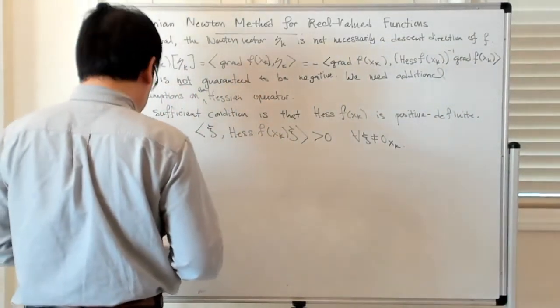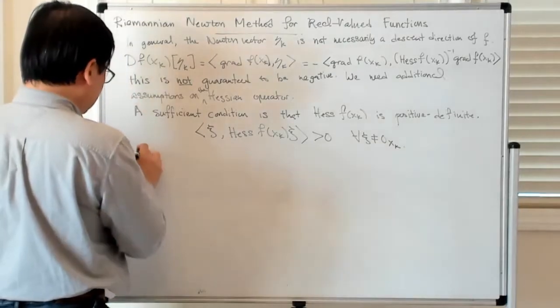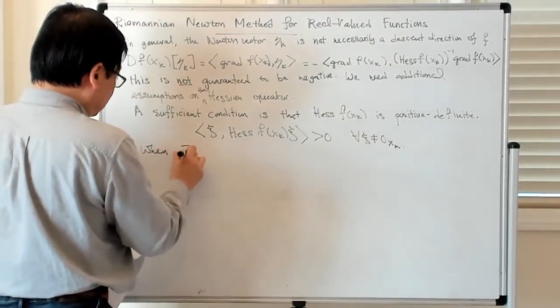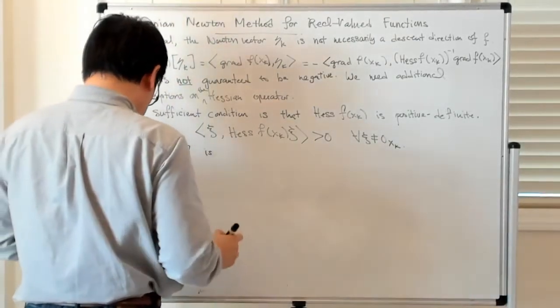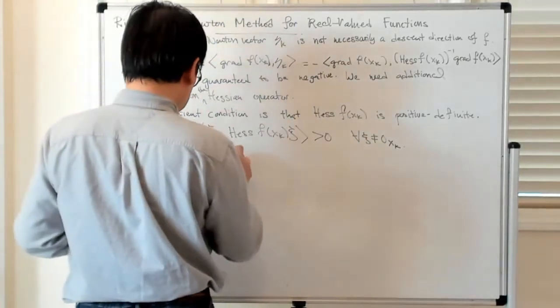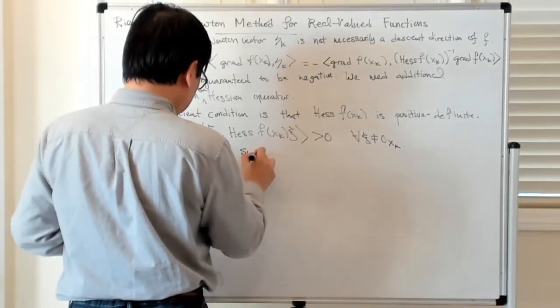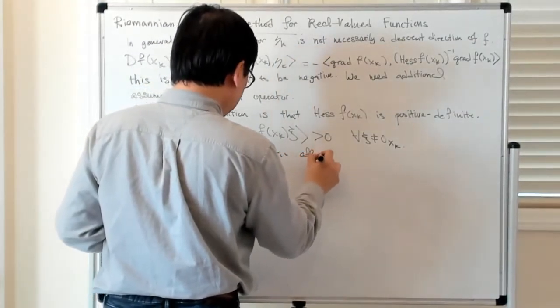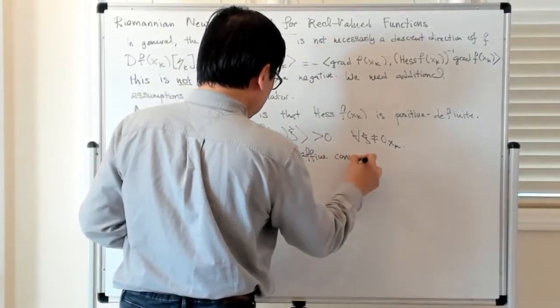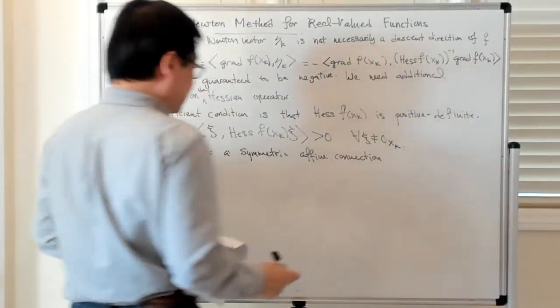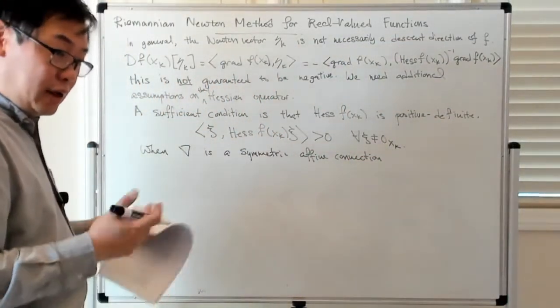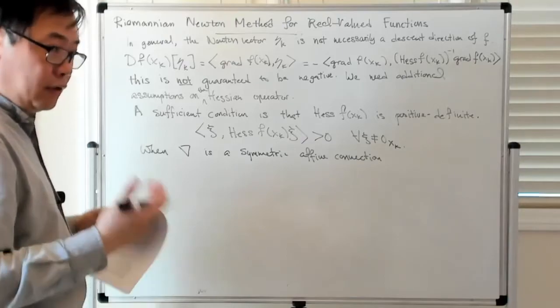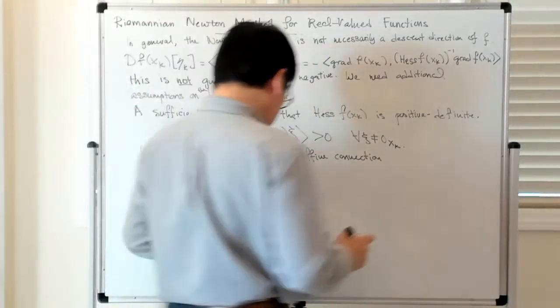Okay, but let's look at a specific case. When nabla is a symmetric affine connection, and I should remark that the Riemannian connection or the Levi-Civita connection is an example of a symmetric affine connection.